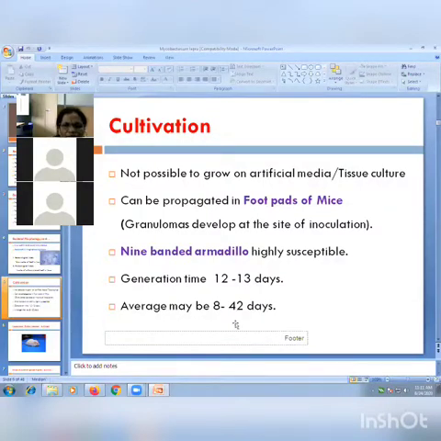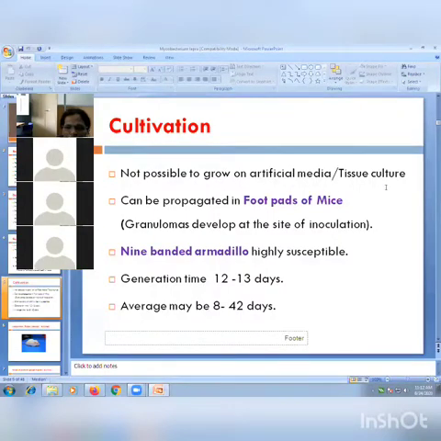About the cultivation, you have seen culture media or methods. This is the bacilli which cannot grow on any artificial culture medium like blood agar, MacConkey, the artificial culture media you might have seen. These bacilli are not grown on any artificial culture medium or even on tissue culture. They only grow in animals, that is the foot pad of mice, because the temperature of the foot pad of mice is less.